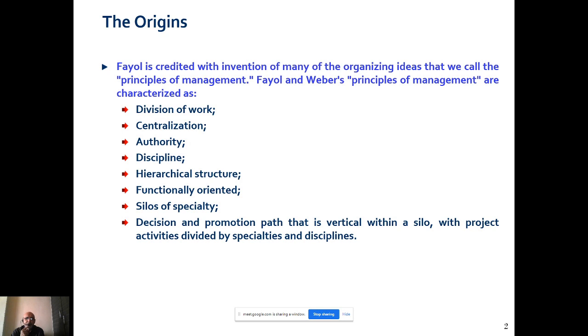That is, a particular person is isolated on the basis of capacity, right? Decision and promotion path is vertical, so it is dependent on the boss to decide what your fate is. That is the biggest disadvantage you can have with Fayol's model.